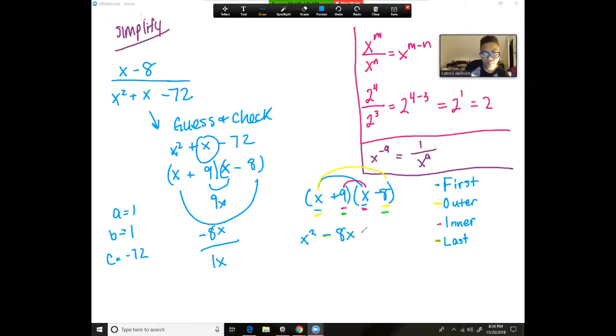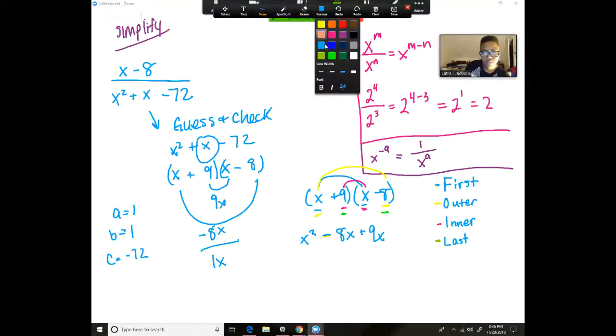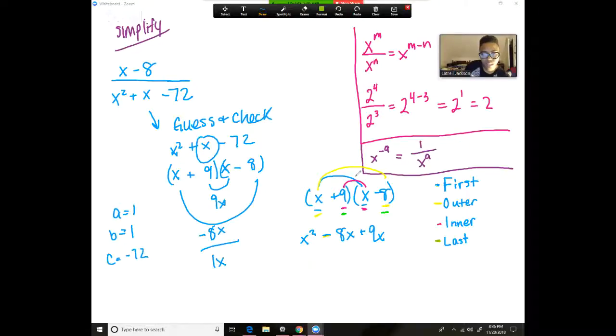And then last is 9 times negative 8, which is negative 72. Okay, we're simplifying. Negative 8x plus 9x is positive 1x, and we don't need the 1, so we're just going to write x minus 72. Cool. So we use FOIL to check our factoring, to make sure it gets us back to the original.